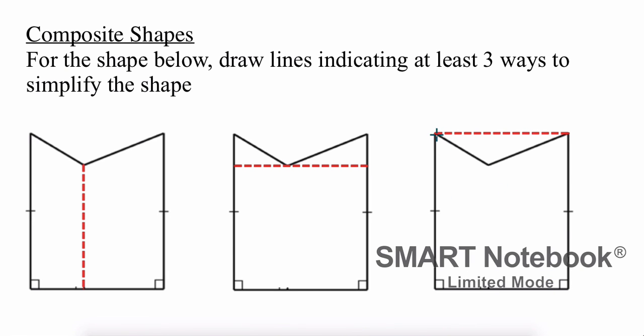But if you can find the area of this triangle here at the top, which wasn't actually there, then you can say we are going to take the area of the bigger rectangle here, and then we subtract it by the area of this triangle. So that way you will have the area of the composite shape.